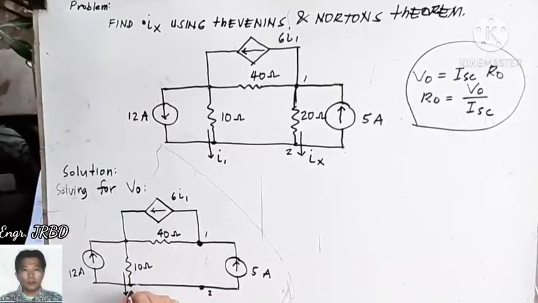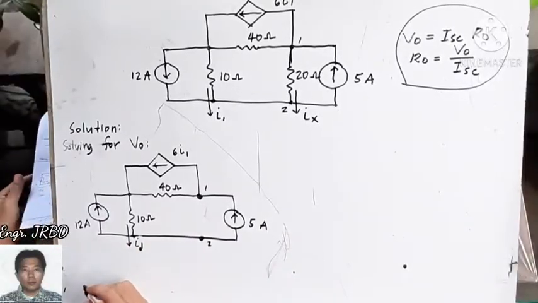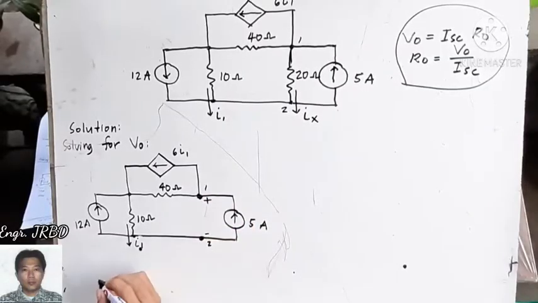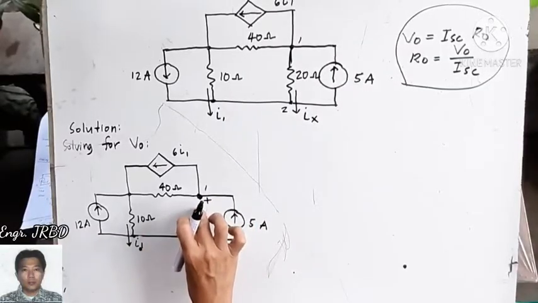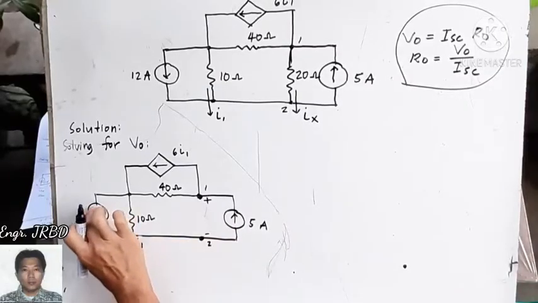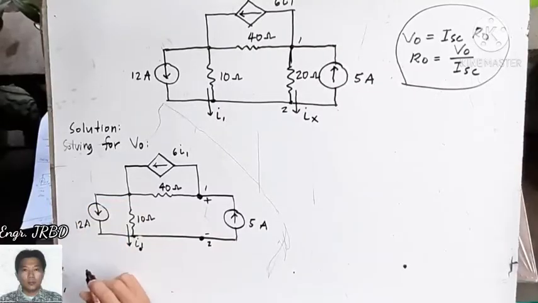And if we assume that this terminal is more positive than the other one, what is the open circuit voltage across this part? This is supposedly downward. Okay, let us assign the circulating currents.